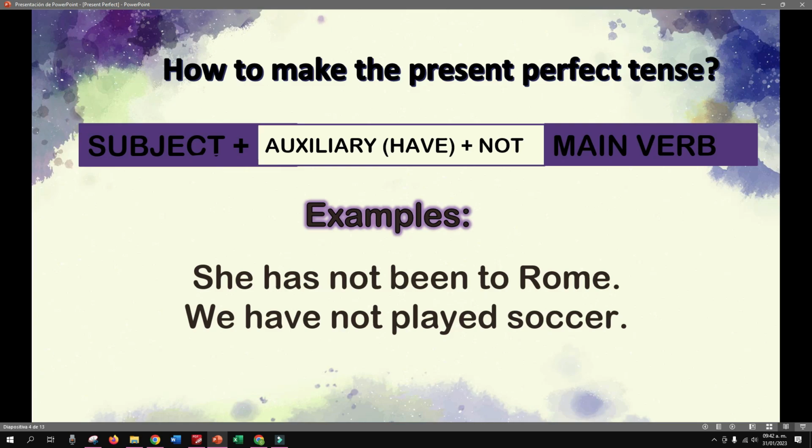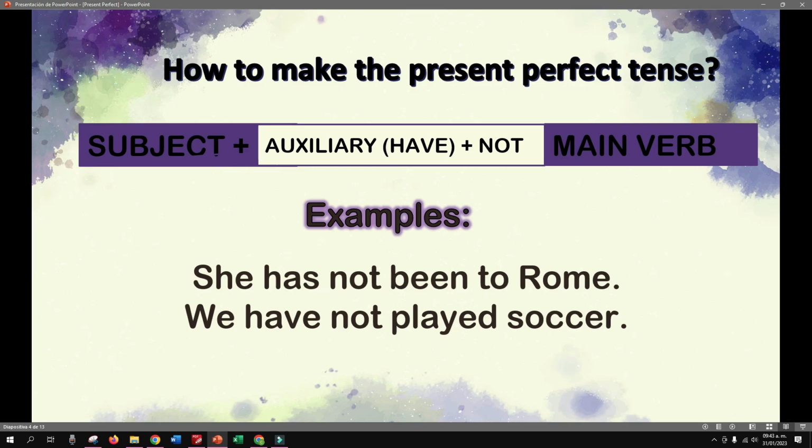We have not played soccer. This is different because we have "we" as a subject. Then you have "not," because this is a negative one. We have not played. Look at this one. Played, present. Played, past. And played, this is the past participle, not the simple past.